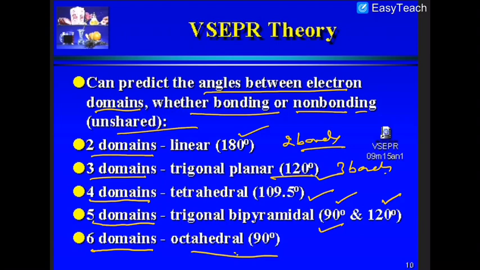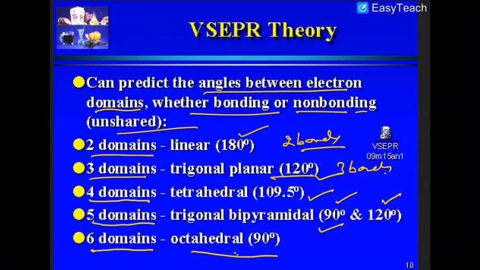I am repeating once more, domains here means the number of electron pairs between the two atoms. So if 2 bonds are there, if 3, 4, 5 or 6 bonds are there. If 2 bonds are there, the shape will be linear and the bond angle will be 180. If there are 3 bond pairs, then it will be trigonal planar and the bond angle will be 120.